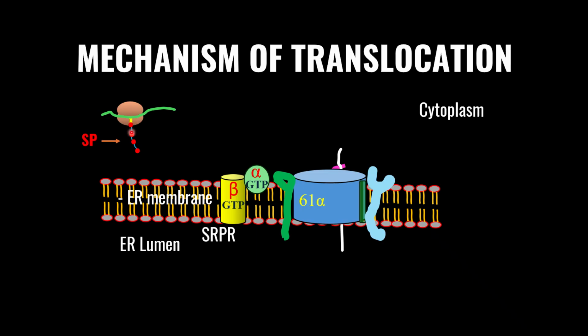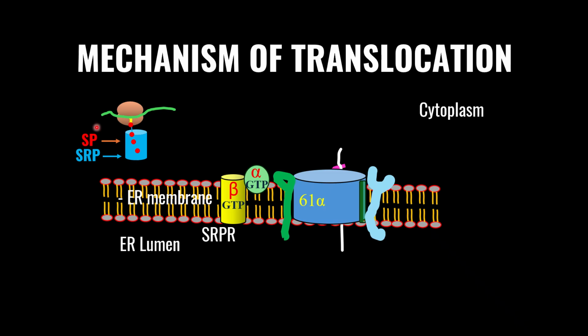When the signal peptide comes out, it is captured by a protein-RNA complex known as SRP, or signal recognition particle. It holds the translation briefly and allows it to diffuse.